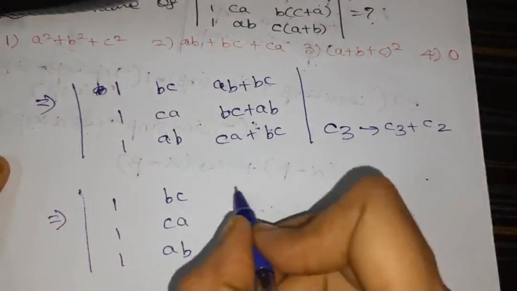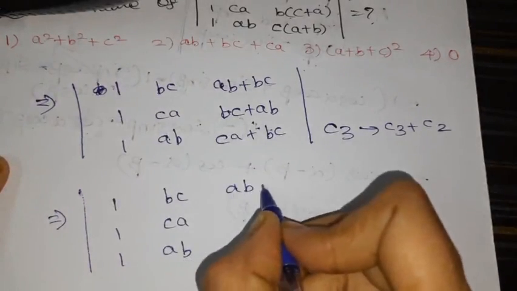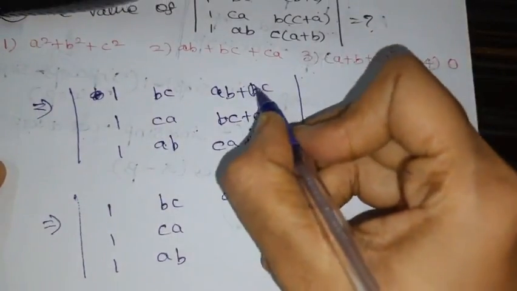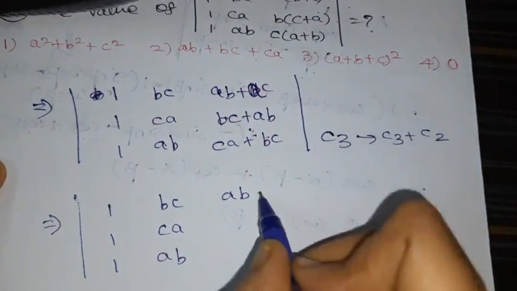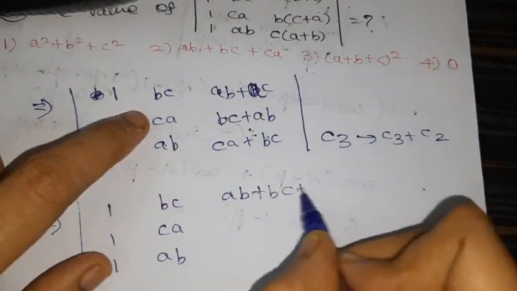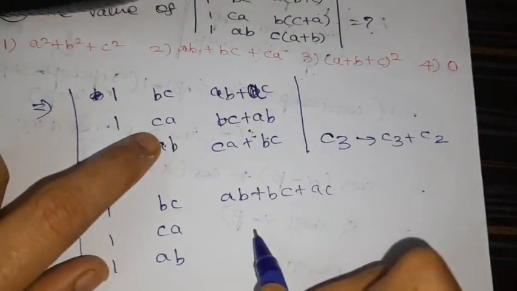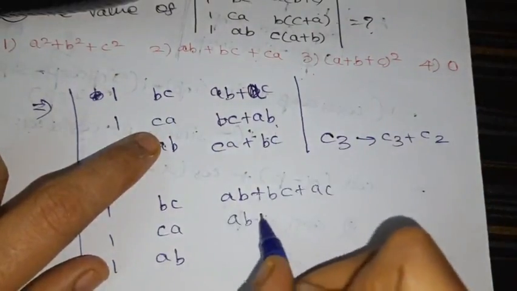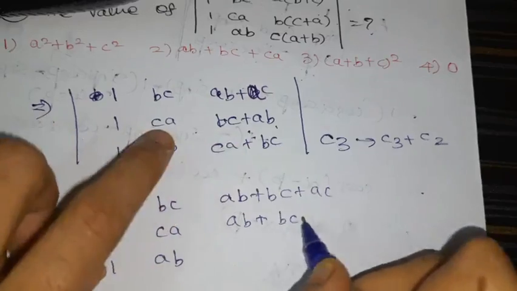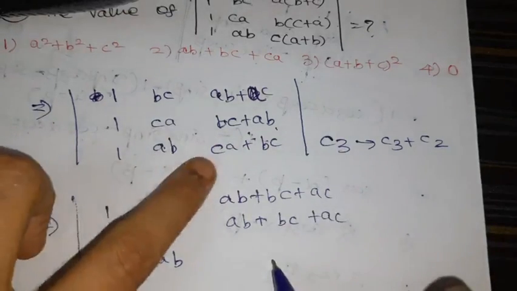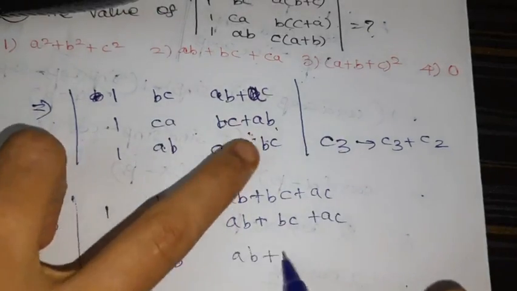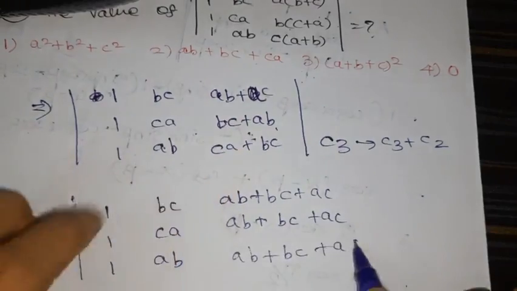Adding these two, AB, this is AC plus BC plus AC. Here AC. So I am writing first AB, then BC, then AC. Here AB plus BC plus AC.